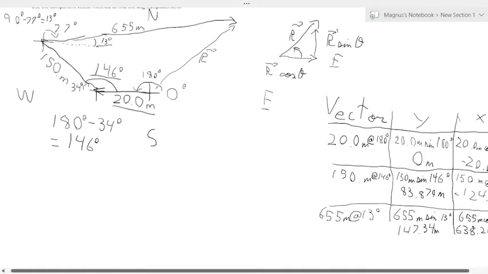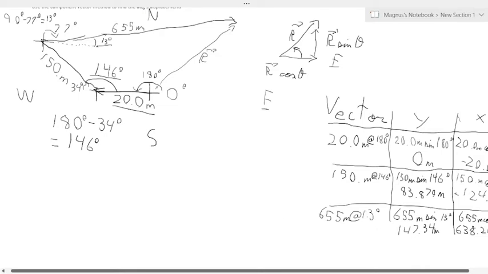We go upwards at an angle of 140 degrees, so we should have a positive y, because it's going up, and negative x, which we do. Final vector is only 13 degrees above the horizontal, which means most of it should be x, which is true, and a part of it is y.